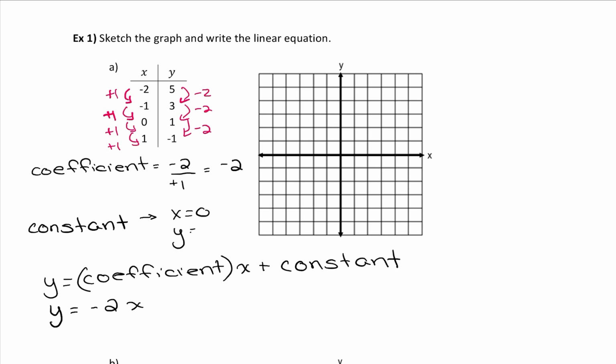So where x is 0, what is y? That's what we're looking for. So let's go to our table of values and let's find the row where x is 0. Okay, where x is 0, y is 1. So that means my constant is 1. So y equals -2x plus 1. That's my equation.